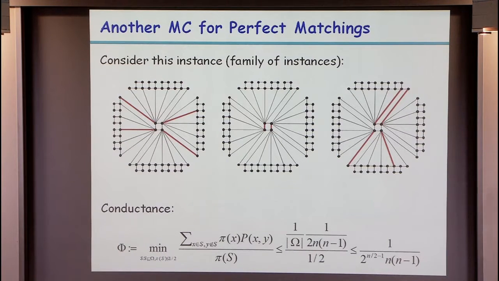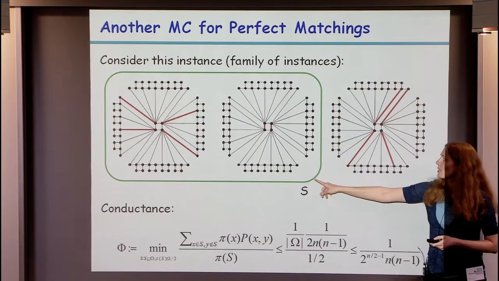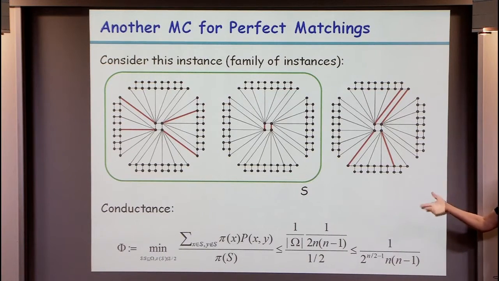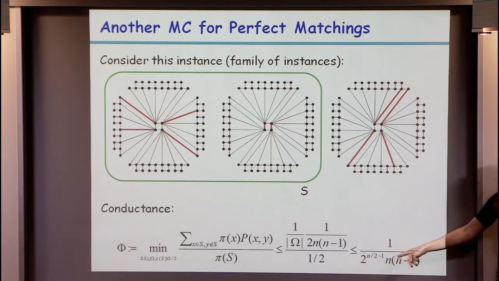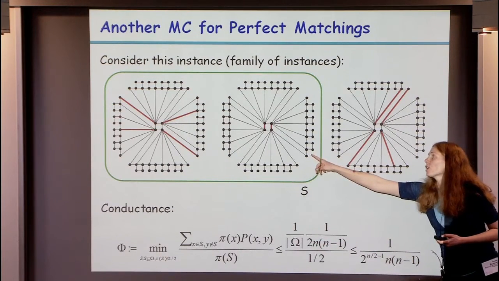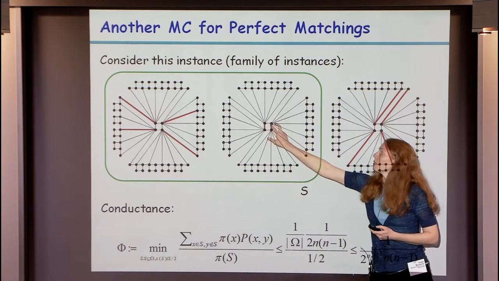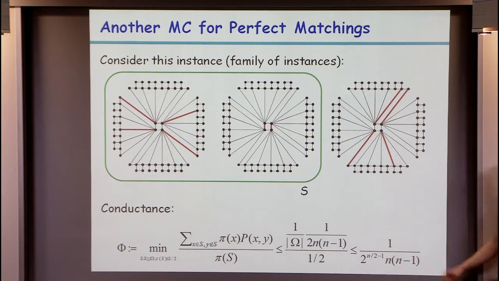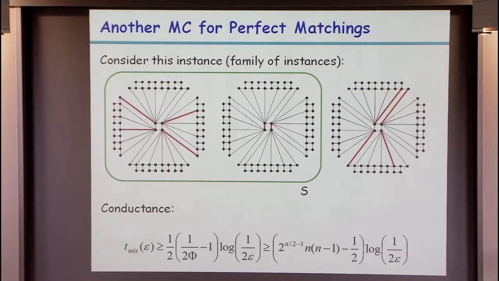When I look at that connection, which corresponds to exactly this set for the conductance, there is only one edge that gets me out of S, which is flipping these 2 edges this way. So I get an exponentially small upper bound on the conductance, which gives me an exponential lower bound on the mixing time.